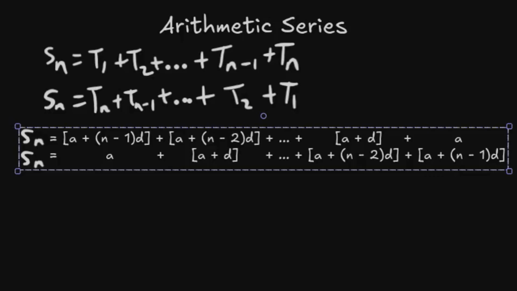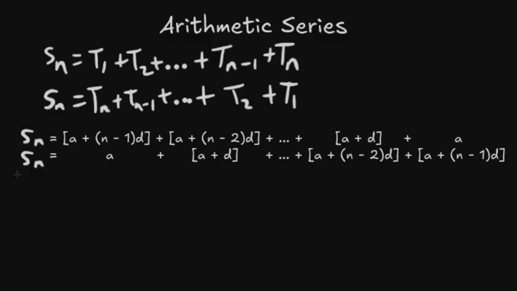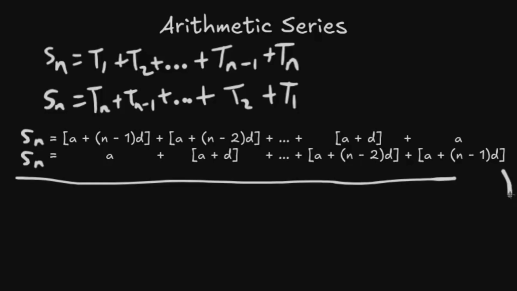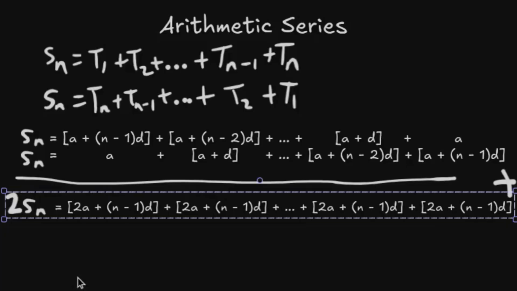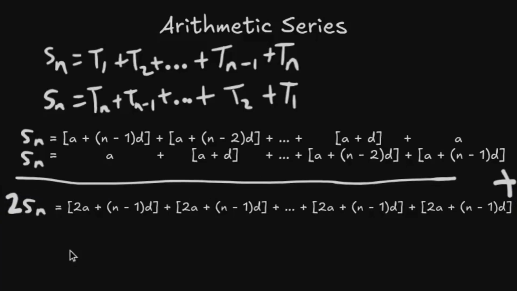Now, if we add these two summations, then we'll get this value: 2Sn equals 2a plus n minus 1 times d, 2a plus n minus 1 times d, and so on.